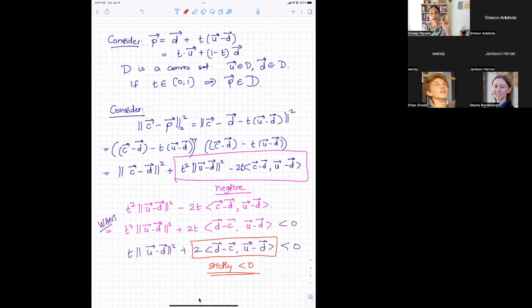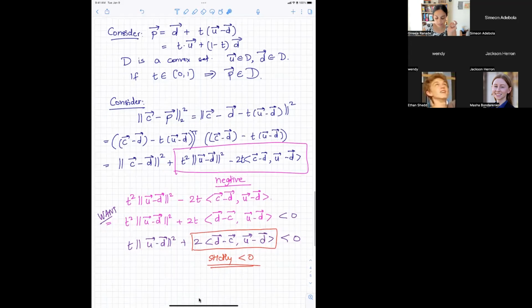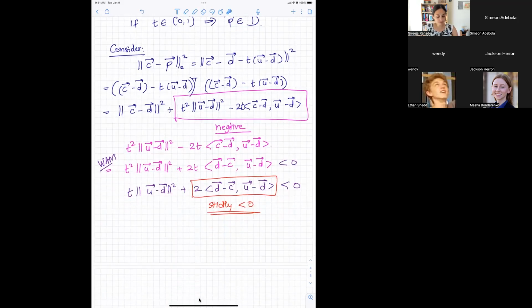That means there's a little gap between this and 0. So if I could make this small enough so that it would fit into that gap, would I be done? Because this is strictly less than 0, 0 is somewhere here and this quantity is somewhere here.